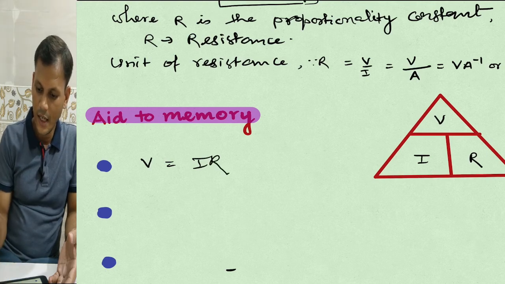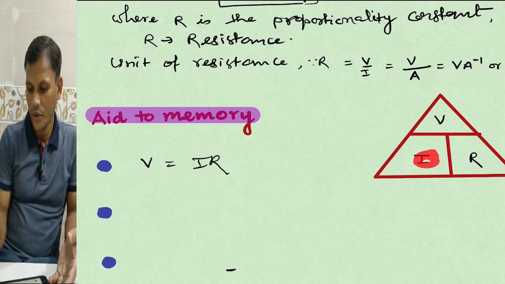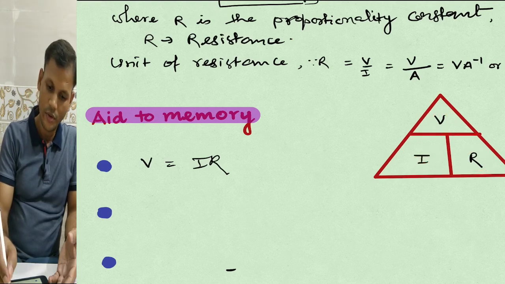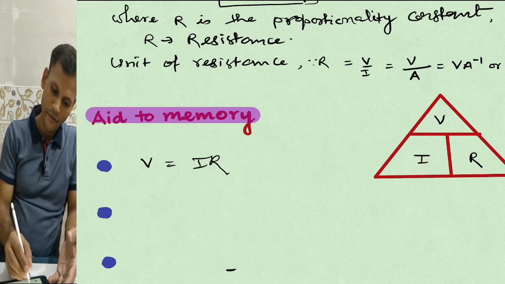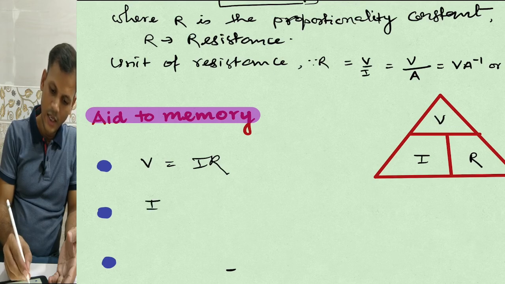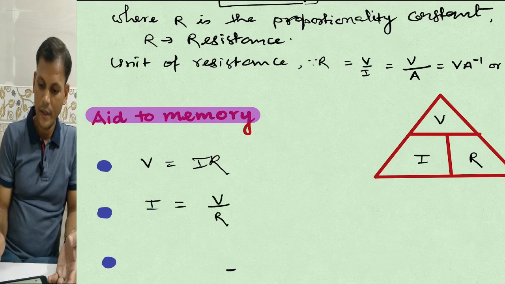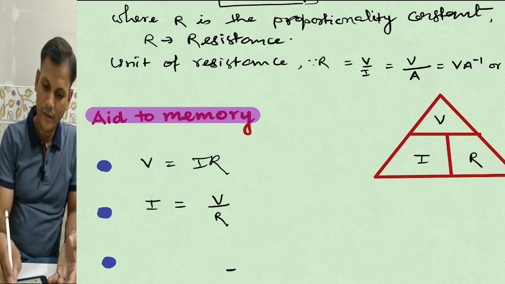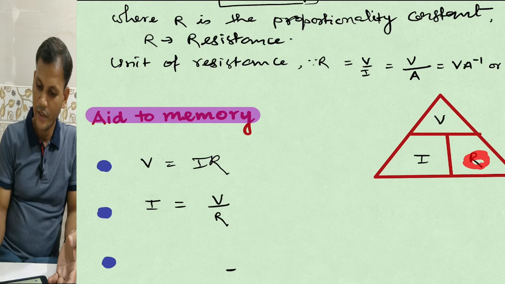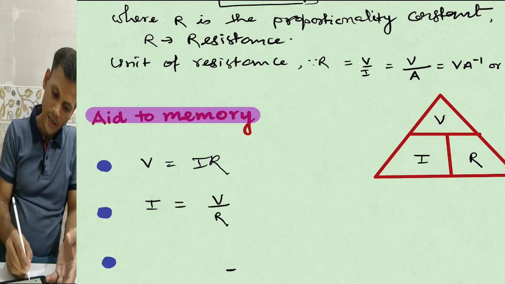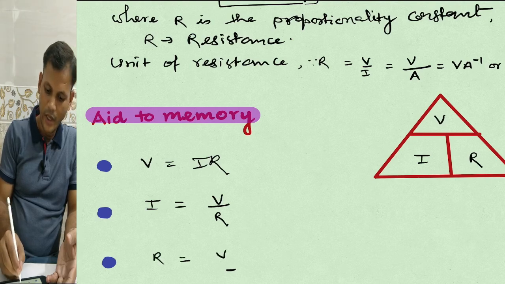Next, to calculate I, it will be V divided by R, so I = V/R. Next, to calculate R, it will be V divided by I, so R = V/I.